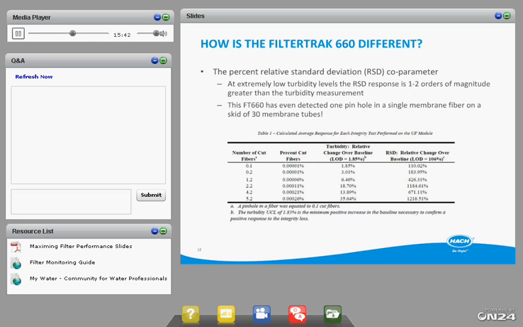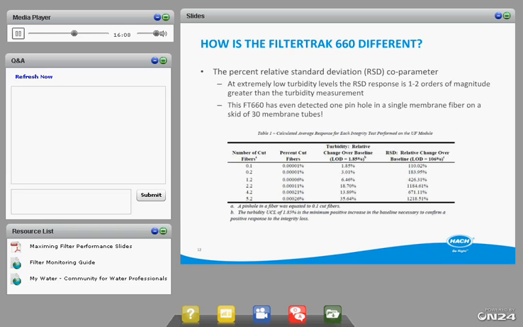It's simply a mathematical calculation that compares current readings to the baseline readings of previous measurements. It is able to amplify significant changes in the sample that would otherwise be missed by the naked eye. At extremely low levels, the RSD response can be 1 to 2 orders of magnitude greater than that of the turbidity measurement alone.